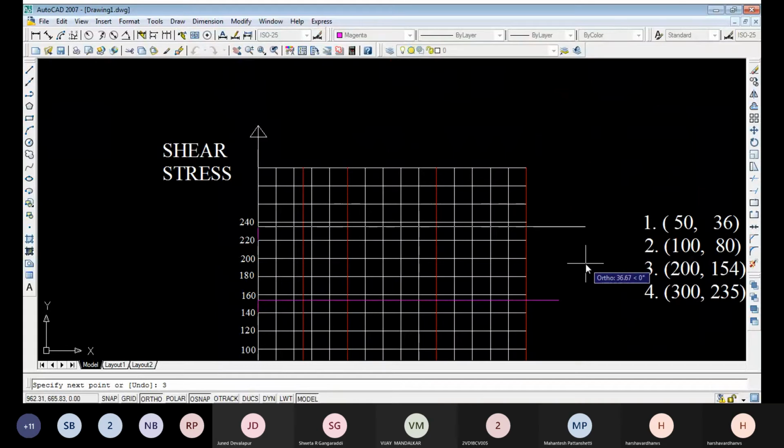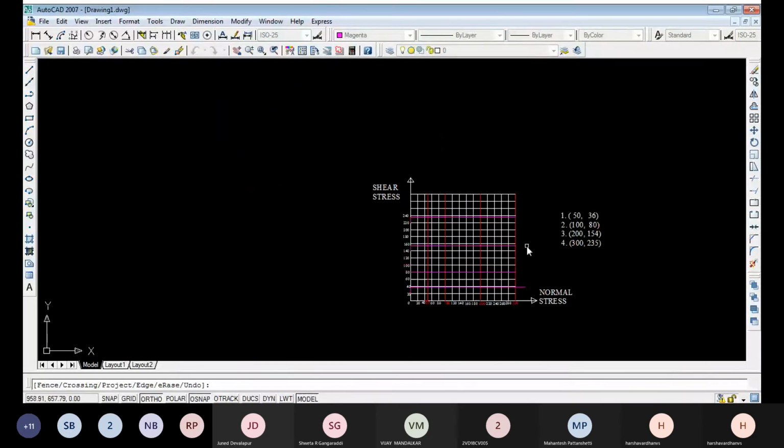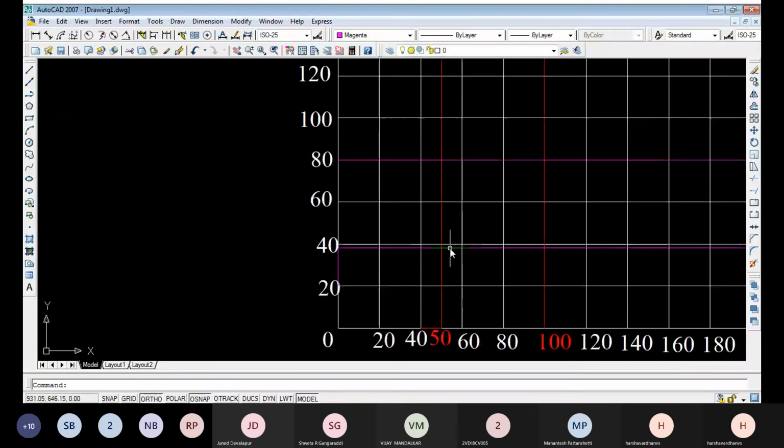I have 235 here. So now I have marked all the points.